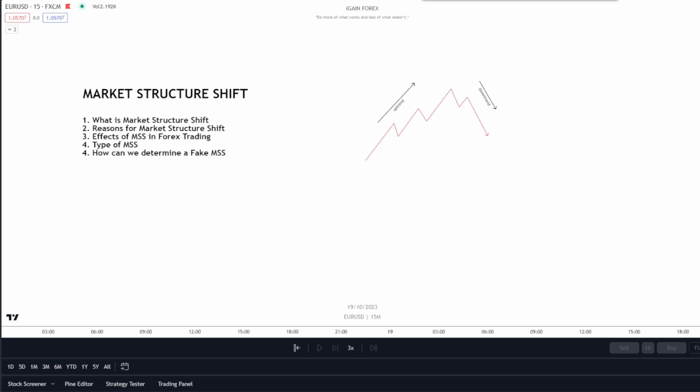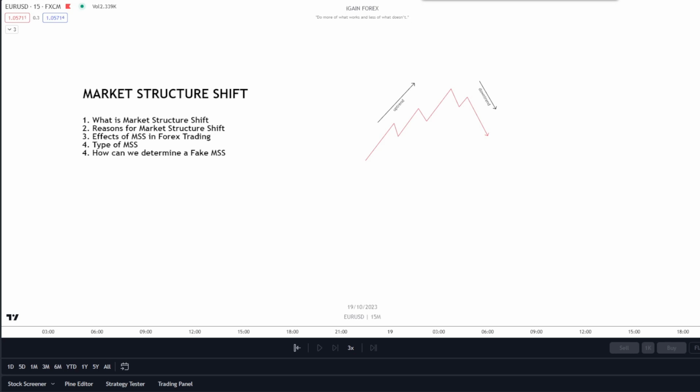Okay, let's go on to the third one. What are the effects of market structure shift in forex trading? Actually, a market structure shift has an effect in forex trading. Some of the effects are liquidity, market participants, and volatility.